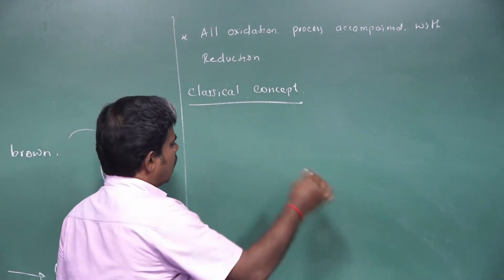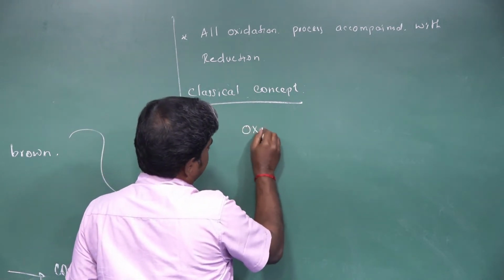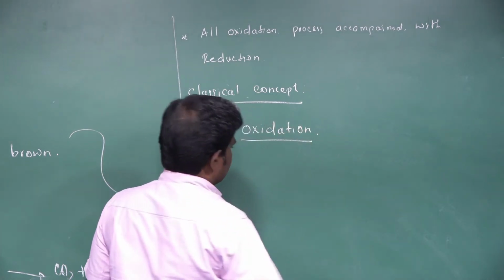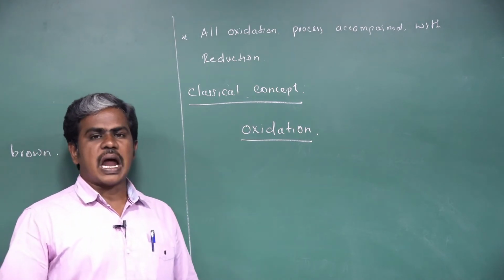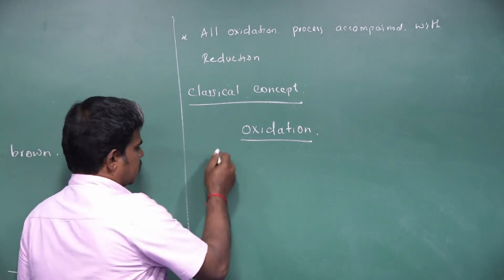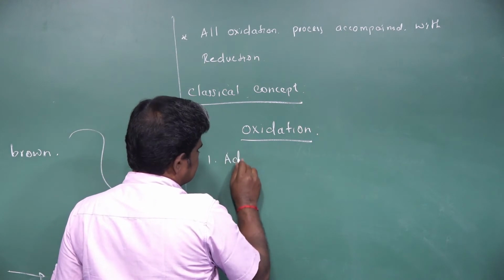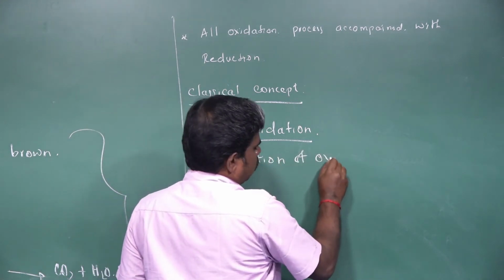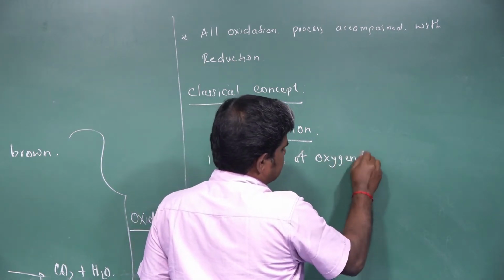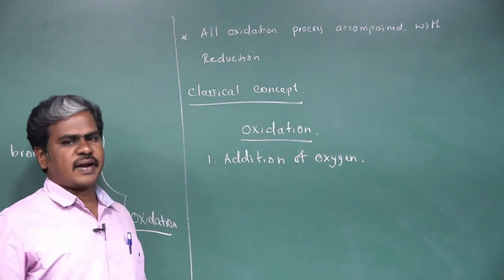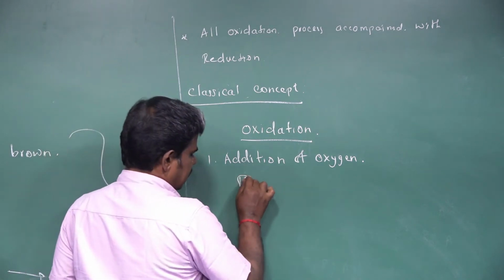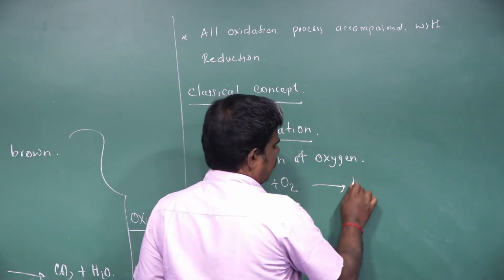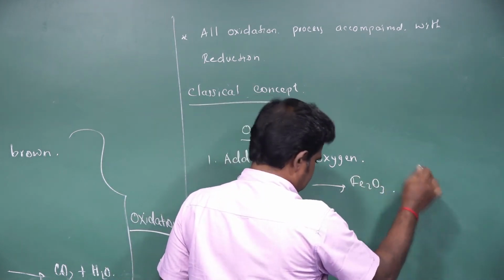Now, what is oxidation? Oxidation is nothing but addition of oxygen. For example, Fe reacts with oxygen and forms Fe2O3.